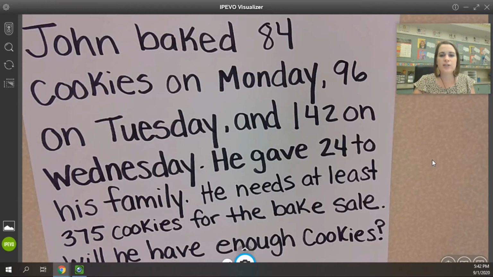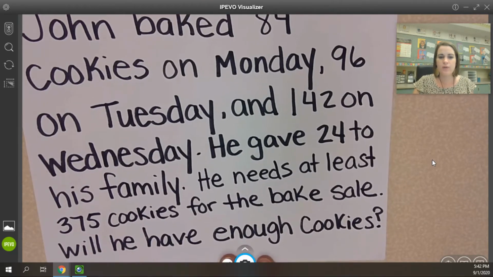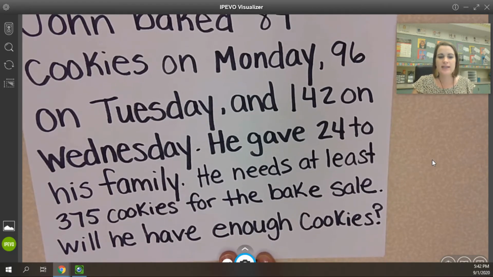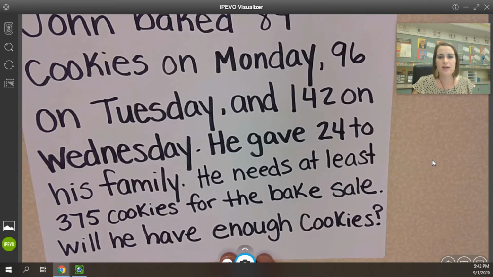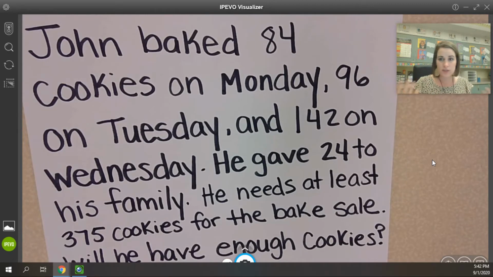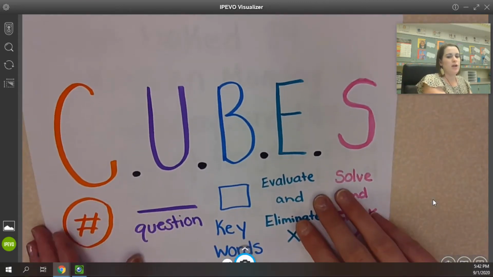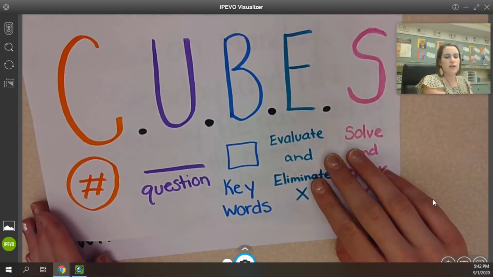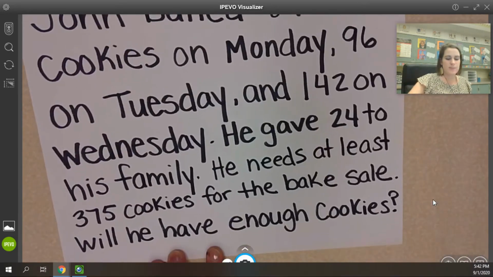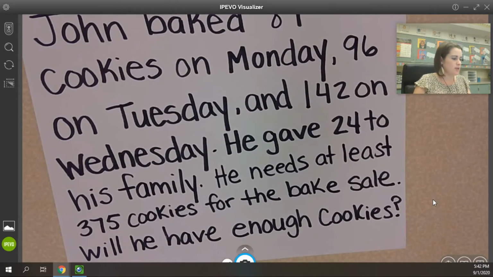John baked 84 cookies on Monday, 96 on Tuesday, and 142 on Wednesday. He gave 24 to his family. He needs at least 375 cookies for the bake sale. Will he have enough cookies? I'm kind of using estimation also in this problem. So first thing we need to do is circle the numbers. Anywhere I see a number, I'm going to circle it.